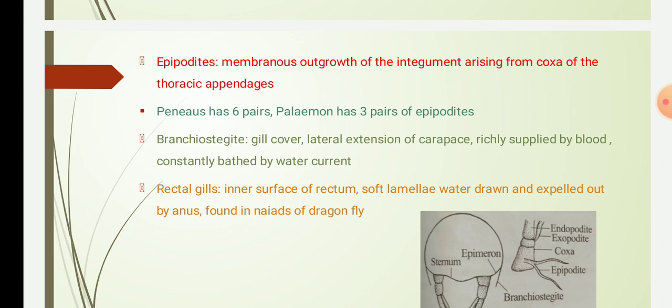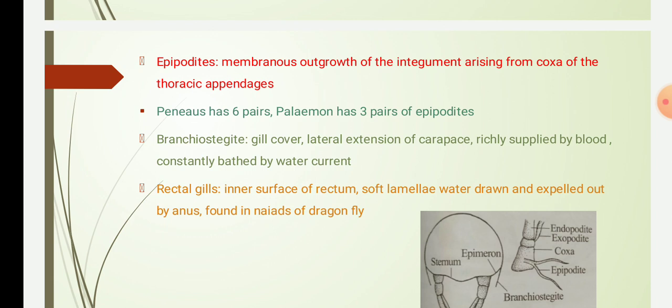Okay, and in Penaeus, that is in marine prawns, it will be having 6 pairs of epipodite, located on the first 6 pairs of thoracic appendages, and the first pair of epipodite is conical in shape, and the remaining 5 pairs are Y-shaped.